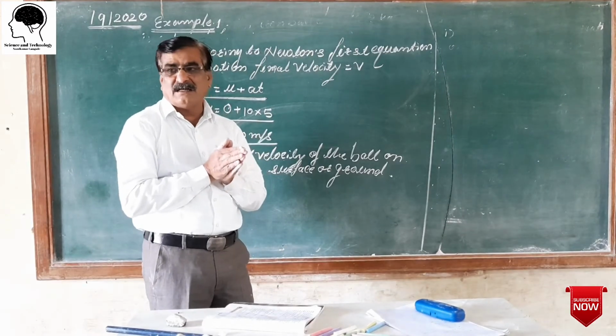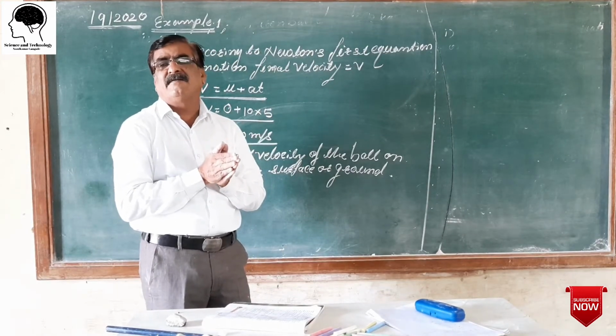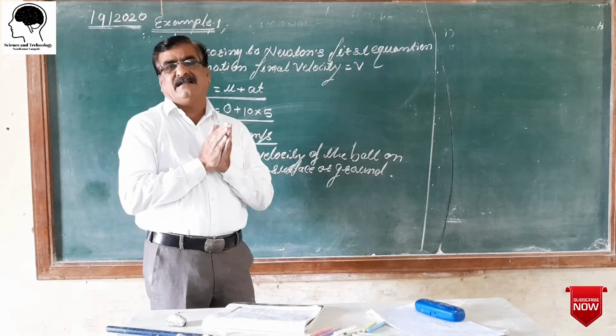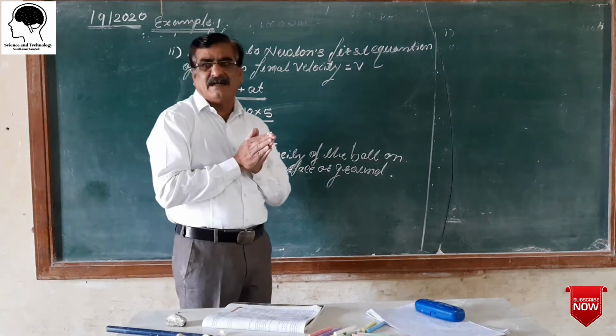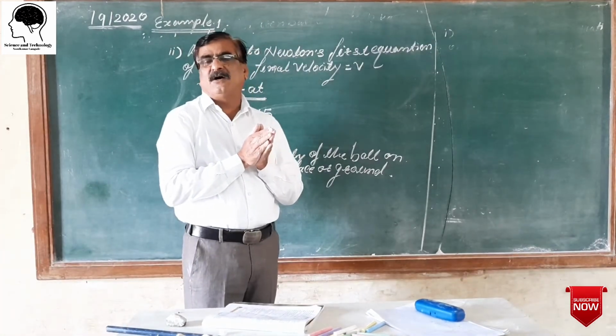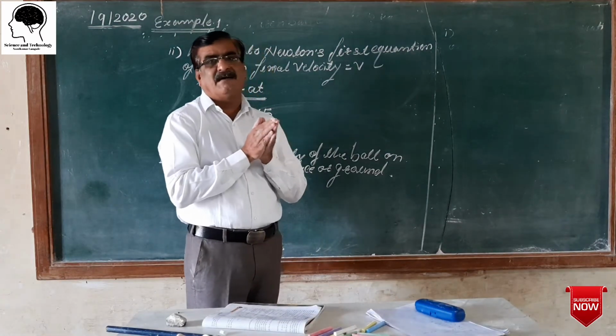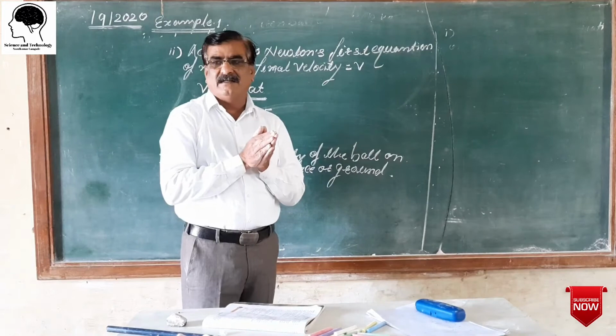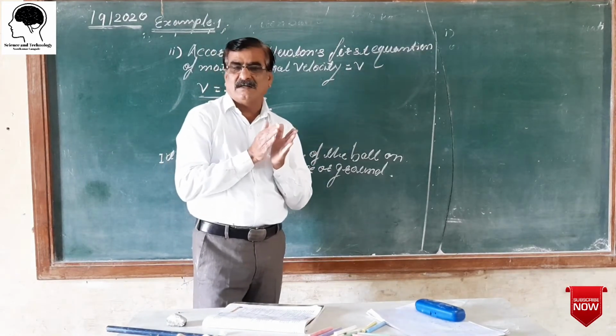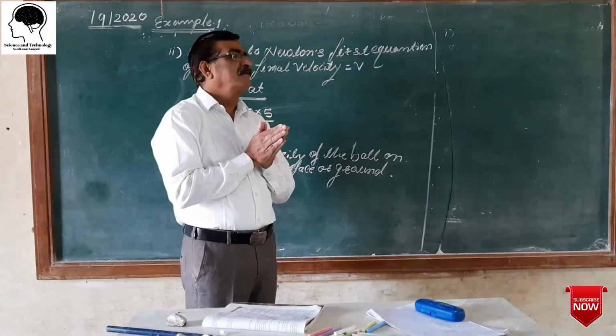You know the total time taken to reach the ground is 5 seconds, and the half time means 2.5 seconds. What will be the distance covered by that ball within the half time? We have to calculate it also.